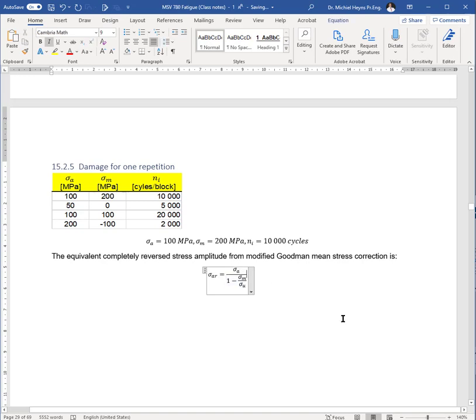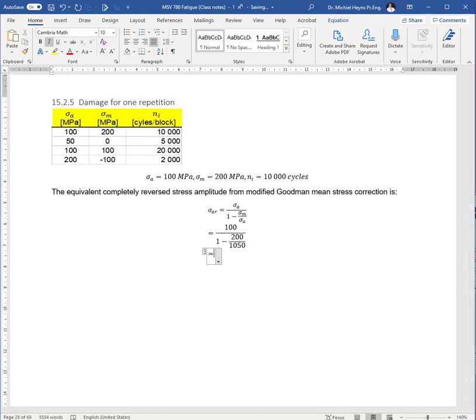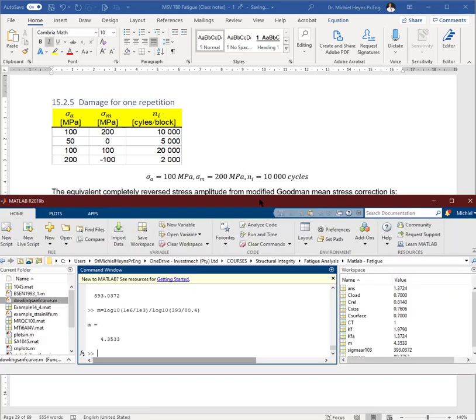In this case, sigma AR will be equal to the amplitude that we had, 100, divided by 1 minus the mean that we had, in this case 200, divided by the ultimate tensile strength, which is 1050 MPa. If we calculate this, I'll open my MATLAB.